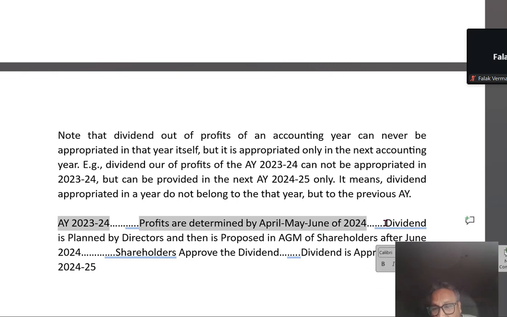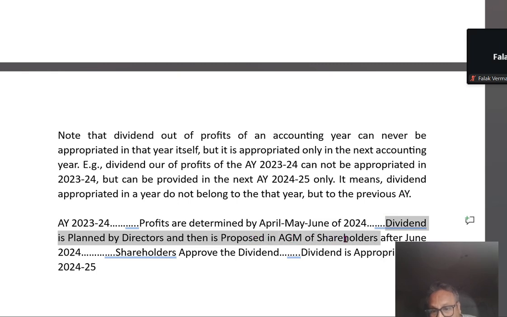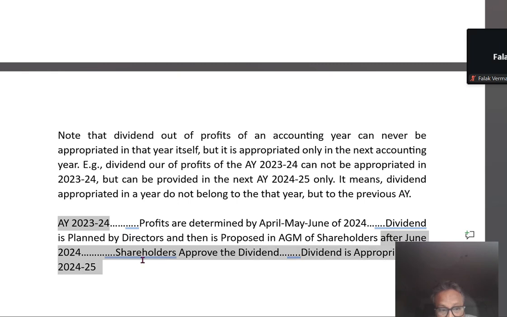Once the profits are known, then dividend is planned by directors and then is proposed in the annual general meeting of shareholders, which usually occurs in most of the companies after June. So for this company, the AGM for the accounting year 23-24 will occur after June 2024, in which directors will propose the dividend in front of shareholders. After that, shareholders approve the dividend.